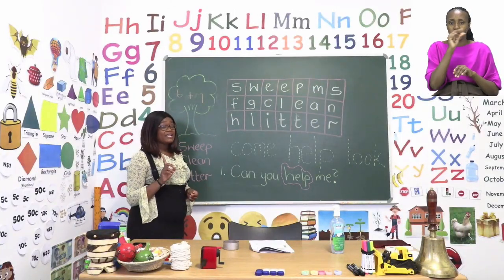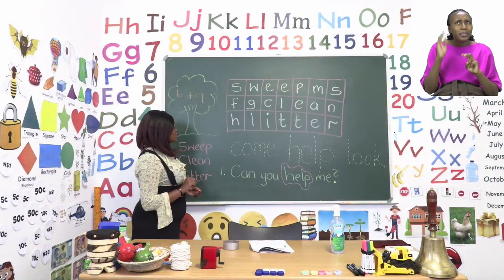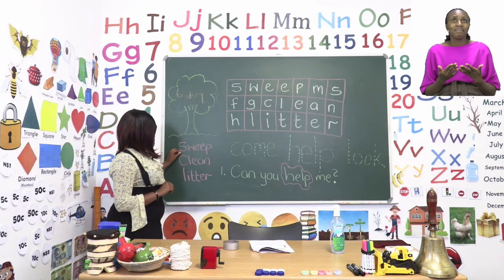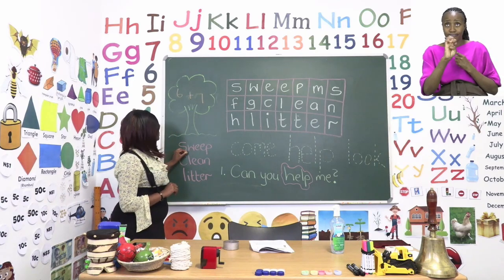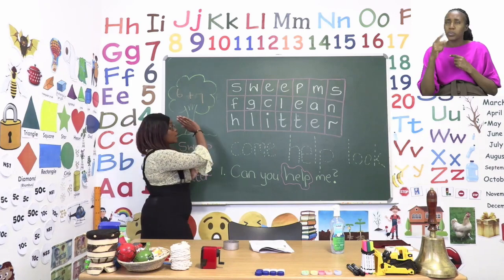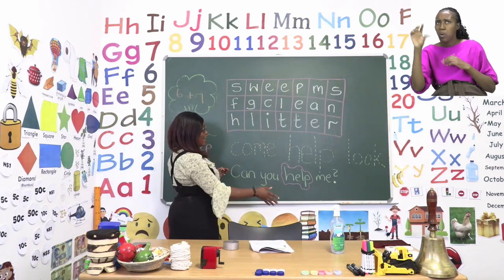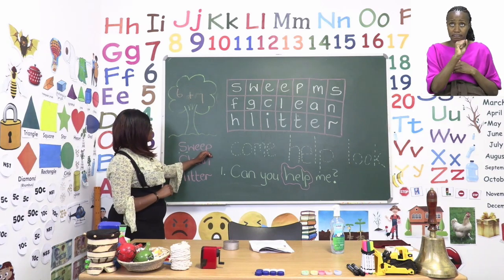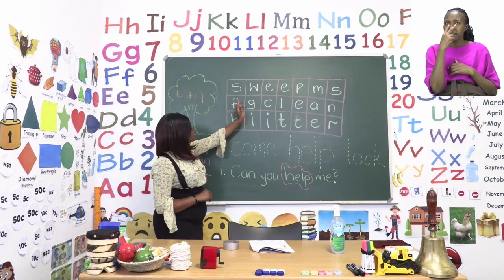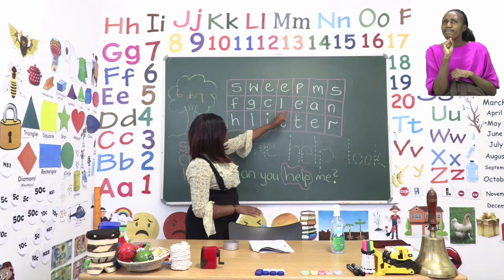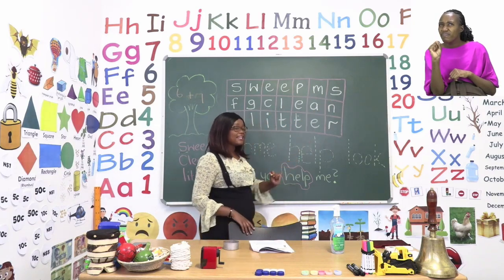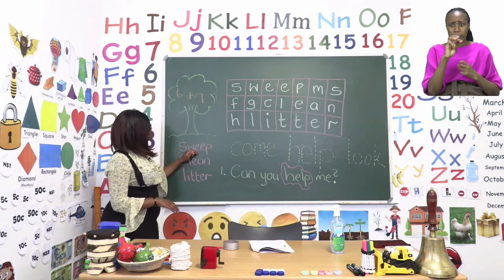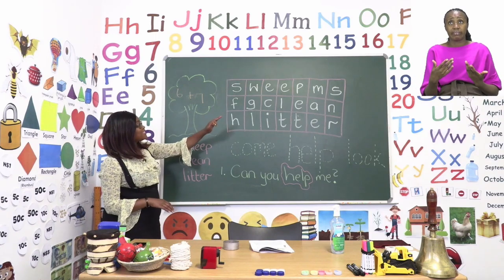So, we know how to start a word search. The first thing is we need to look at the first letter and try and find it by either going across or down. We have our S for the word sweep. Let's try and find it. I can see an S here, but I need a W to make sure that it is the word.